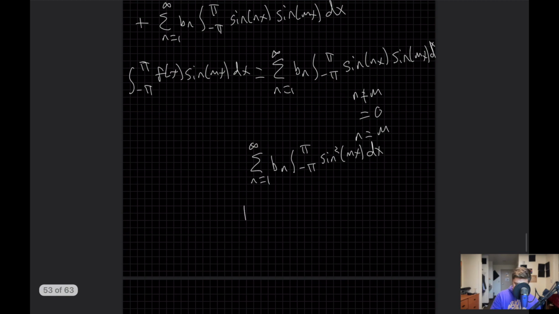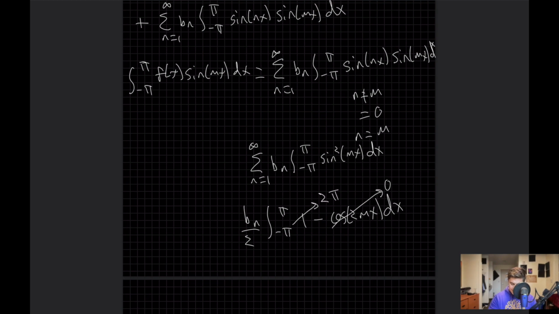We get b sub n over 2 equals the integral from negative pi to pi of 1, instead of plus like we did with the cosine double angle theorem, we do minus, cosine of 2mx dx. This term goes to 0. This term goes to 2 pi. 2's cancel. We're left with b sub n pi. b sub m, but we'll replace that soon, is equal to this thing over here.